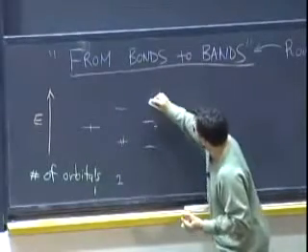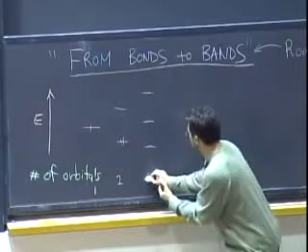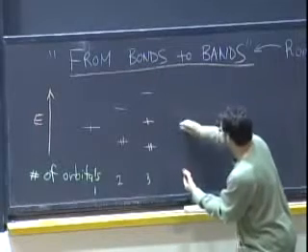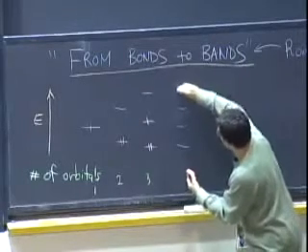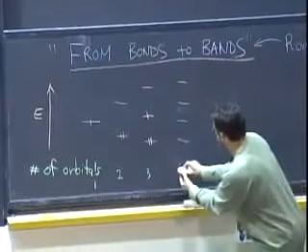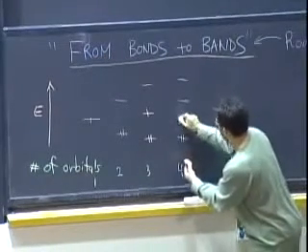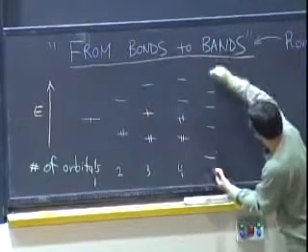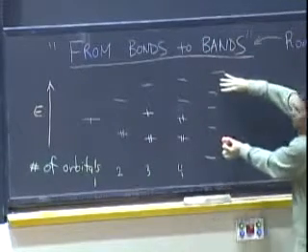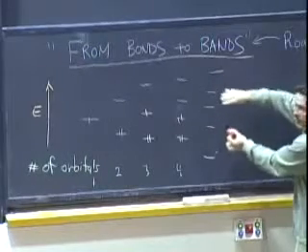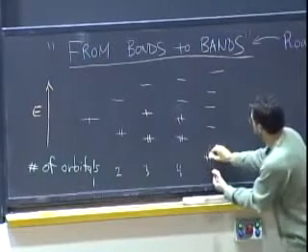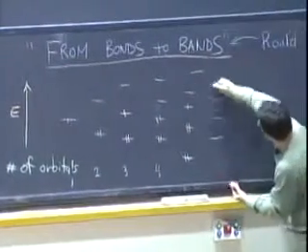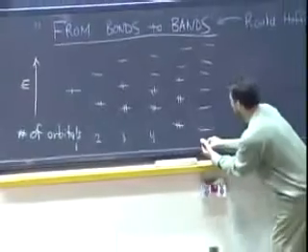And then we can consider a system that might have three orbitals. I'll populate it like this. And then if we have a system with four orbitals, it might be something like that, and 4 electrons. And so on. We see that one of the features is that the energy levels are starting to come closer together as we get more and more of them. Okay, there's 5. Here's 6.